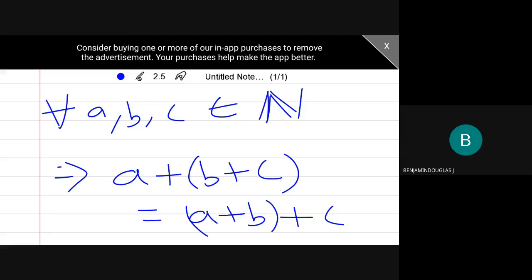If you choose three numbers from the given set, first I add A plus B, then add with C, or first I add B plus C, then add with A. If both expressions are the same, then we can say that my operation addition is associative.